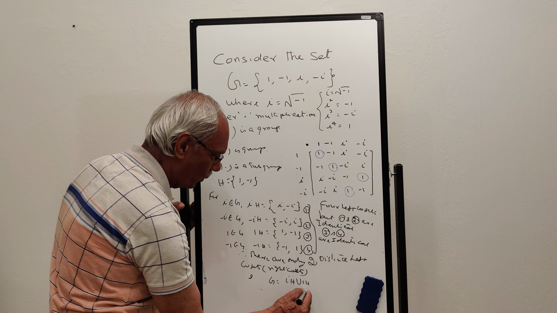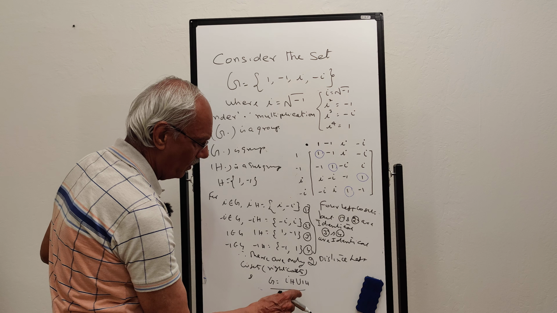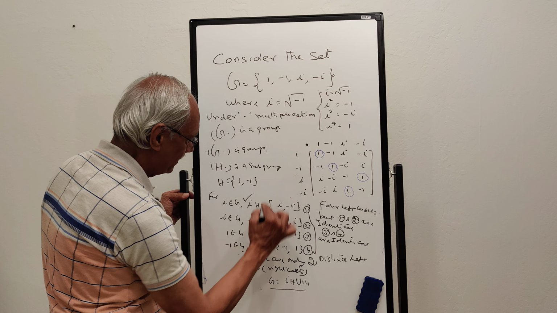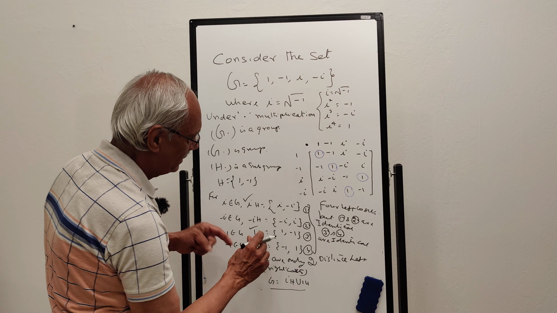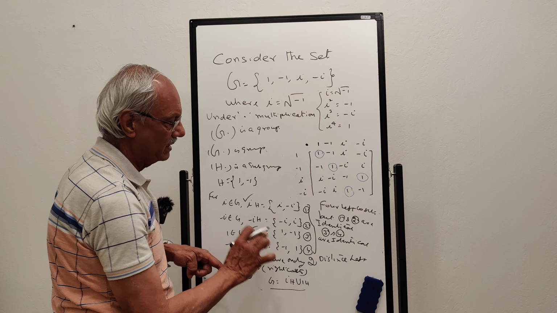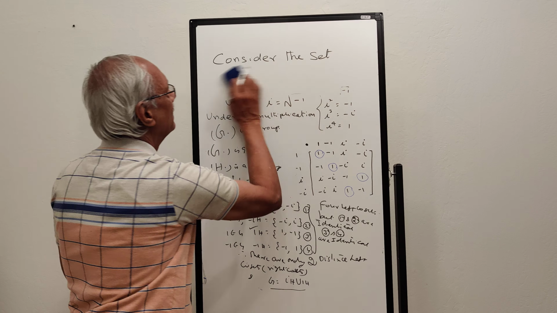So you see that this whole set G is nothing but the union of IH and 1H. See, IH is this and 1H is this. So you see that the union of these two is nothing but the whole of the set.